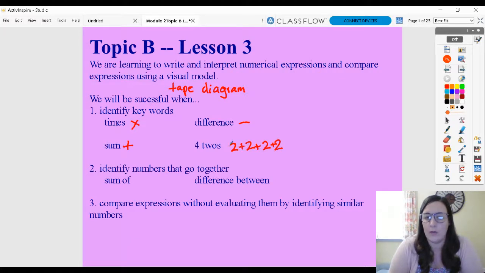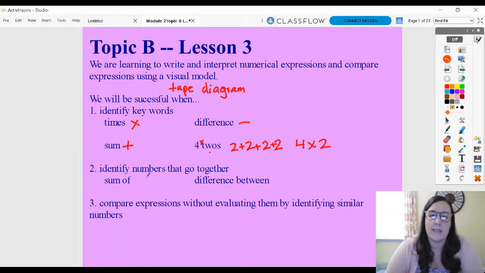And we know another way to write a repeated number sentence is to count up how many times you repeat that number. Four copies of 2 or 4 twos. So when you see something like this, it means that you're going to stick a multiplication symbol in between the two. But remember, it's like that repeated number sentence.